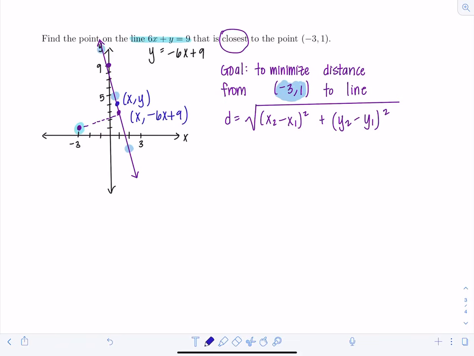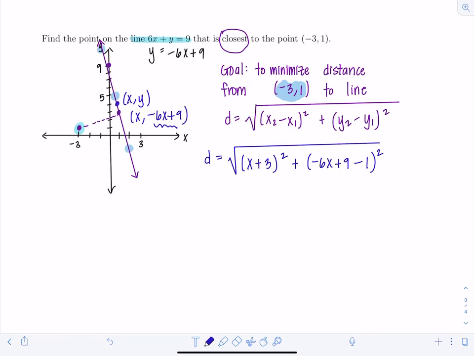So that's what I'm going to use here in the distance formula now. So the distance is going to equal the square root. I'm going to have x minus -3, so x plus 3 squared, plus, and then instead of y2, I'm going to use -6x plus 9 minus 1 squared. All right?